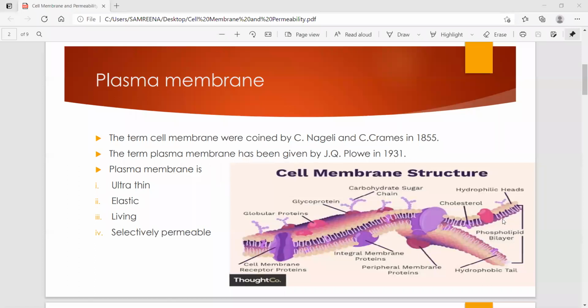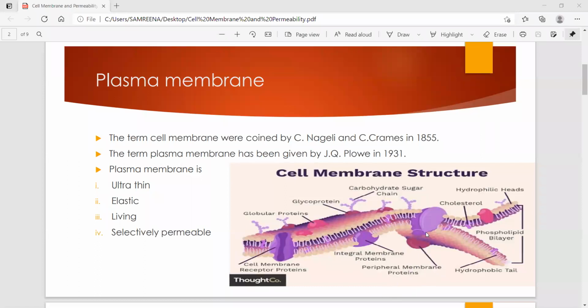Even we animals, or eukaryotic mammals, have a plasma membrane which forms our cell surface. We can say this is our outer cell. Within the cell, we have different organelles. The composition of the membrane of the organelles and the composition of the cell membrane outside the cell is similar.